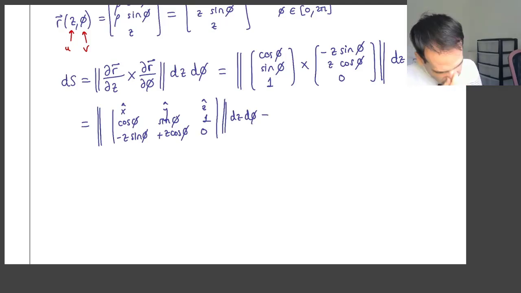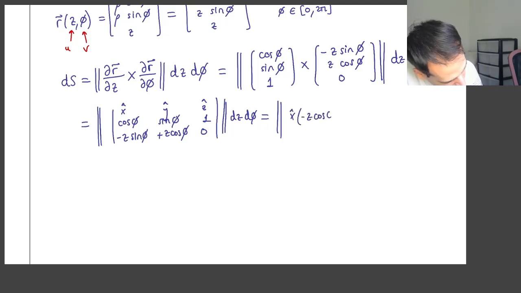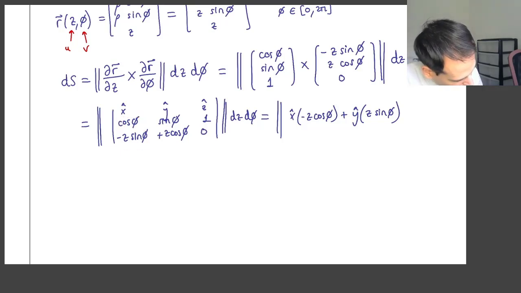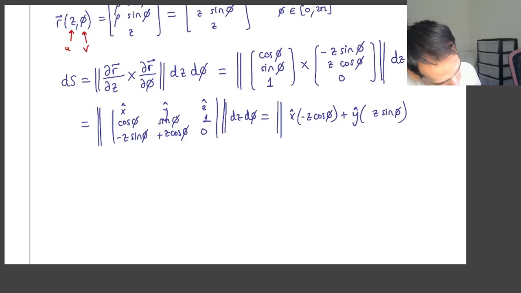So we need to find this vector here, which is going to be x hat times minus z cosine phi, plus y hat times plus z sine phi. So I already took into account that I had to consider a minus sign, but then I also had to do this times this minus this times this. So that was plus. Okay, so I forgot a minus sign here. Be very careful with the signs, please, always.